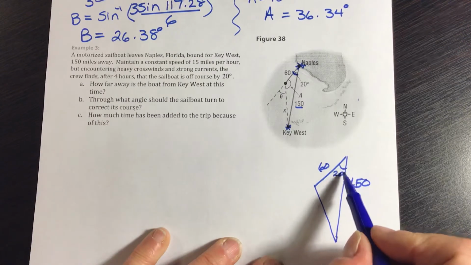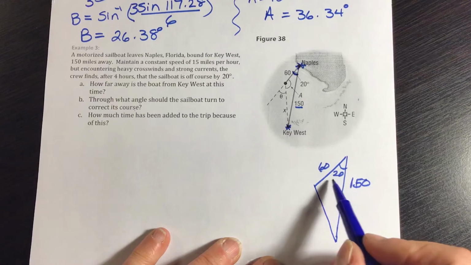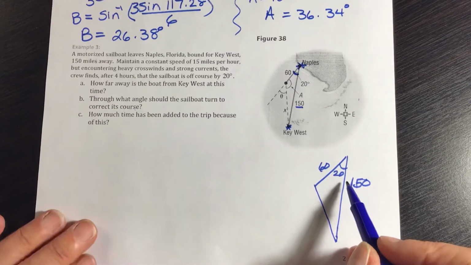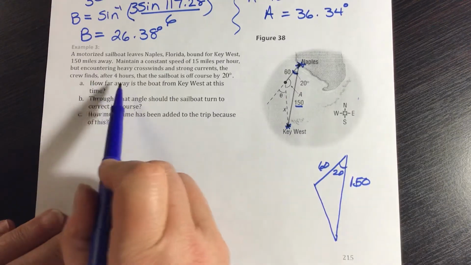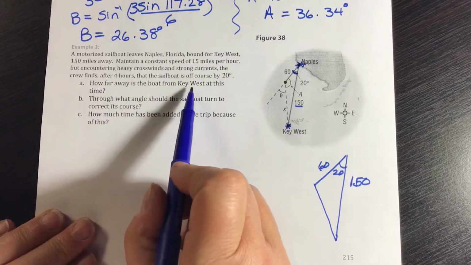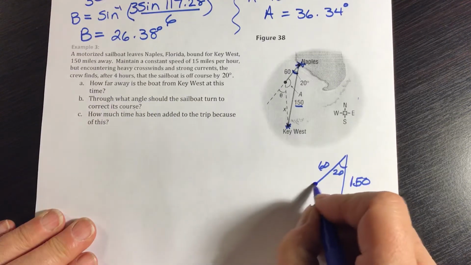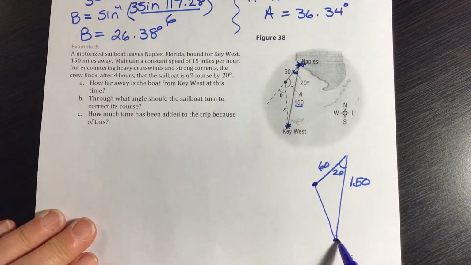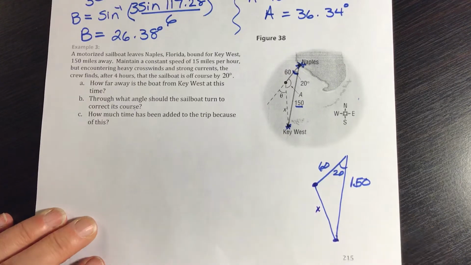And they went at an angle of 20 degrees off course. So how far away is the boat from Key West at this time? So here we are right now, and Key West is down here, so I need to find this side.